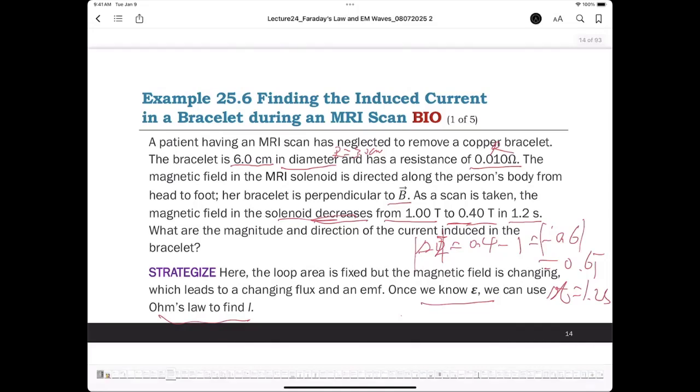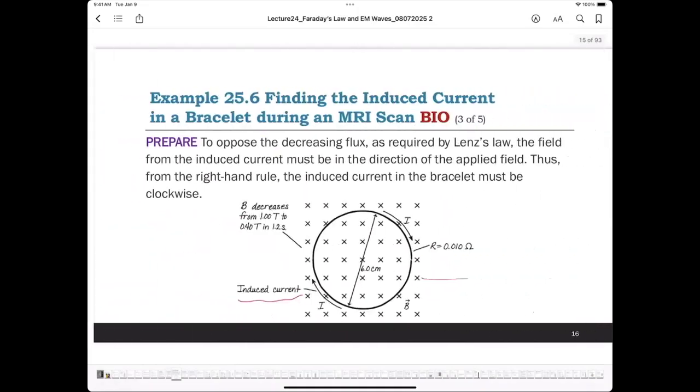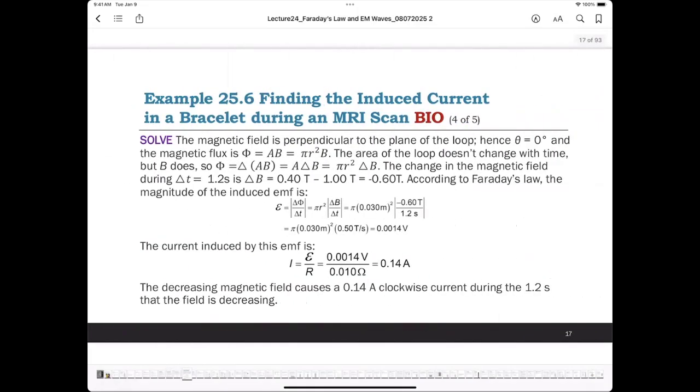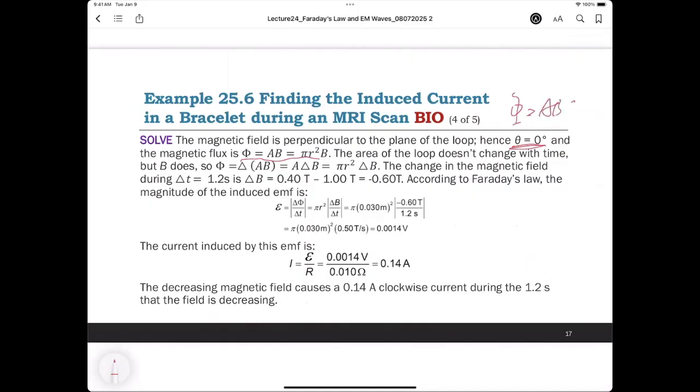The loop plane is perpendicular to the magnetic field, hence theta equals 0. The magnetic flux equals AB cosine theta, because theta equals 0, so cosine is 1, and it is AB.